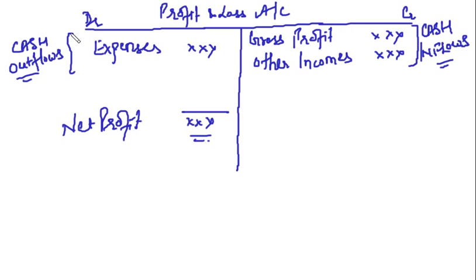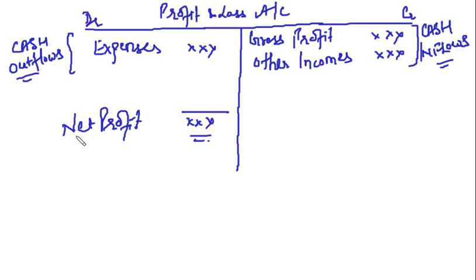Cash inflows minus cash outflows reflect the extra cash that we are earning. Clear, friends? We subtract cash outflows from cash inflows and what we get is net profit.